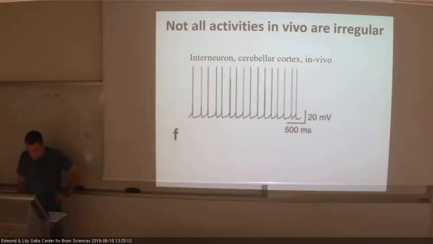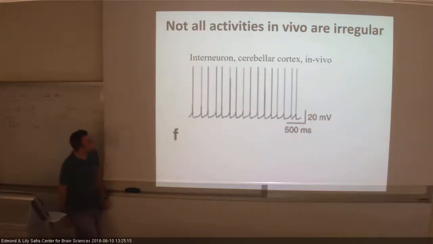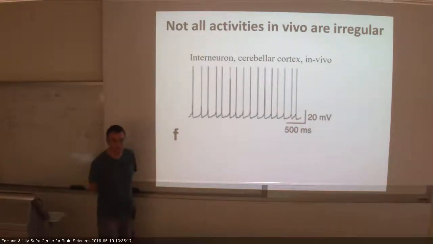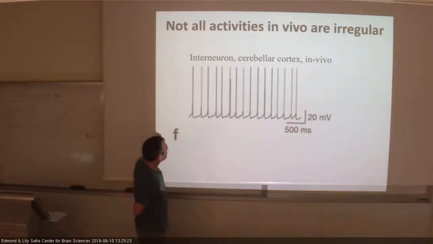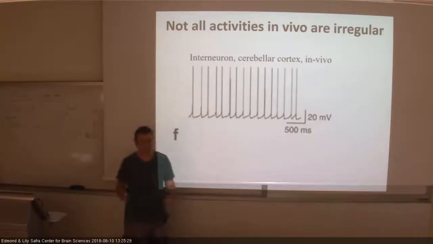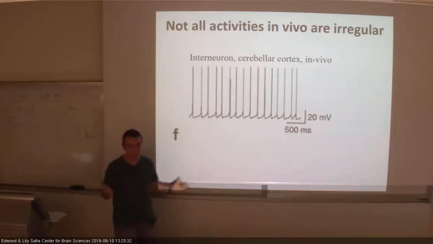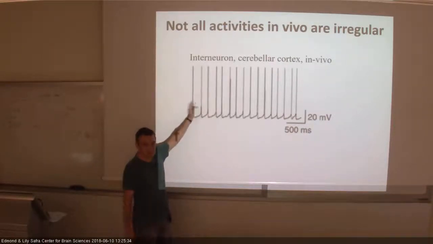This is an example from the cerebellum, just to show you that neurons can be very regular. This is an interneuron in the cerebellar cortex. This is in vivo. So all the noise that you are talking about, biological noise, whatever, you don't see it here. It's like a pacemaker.